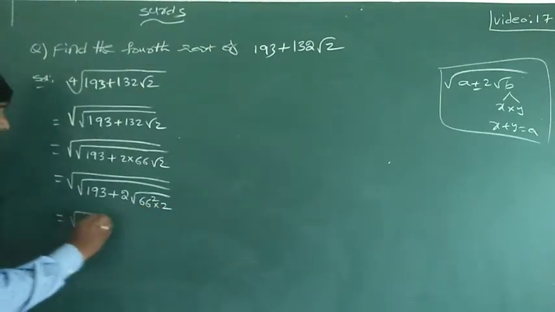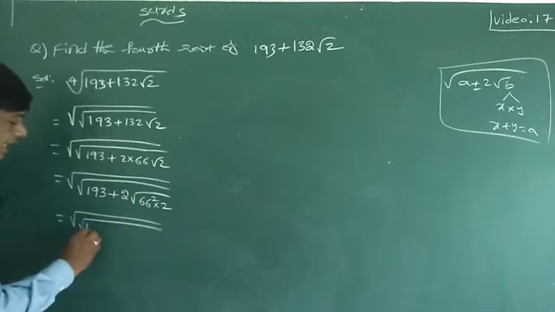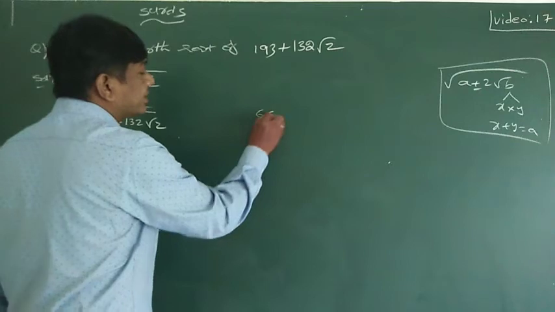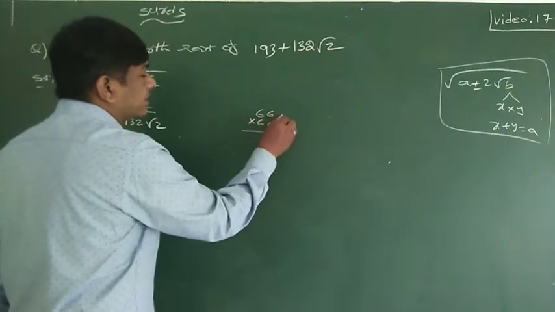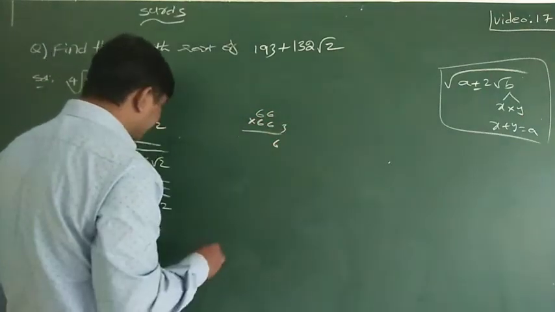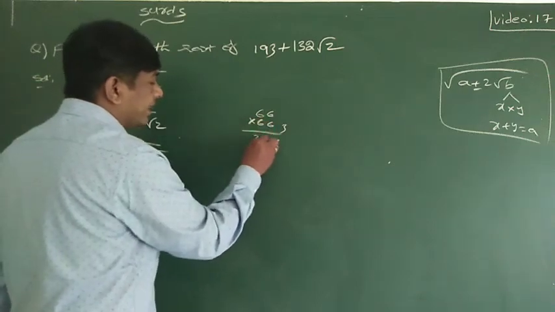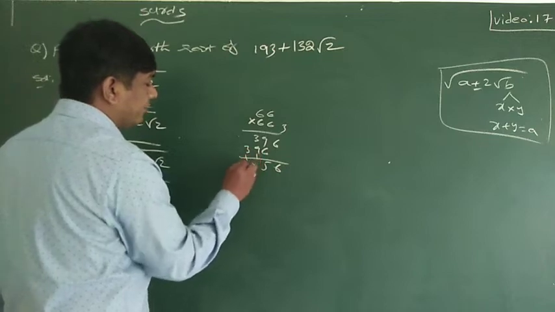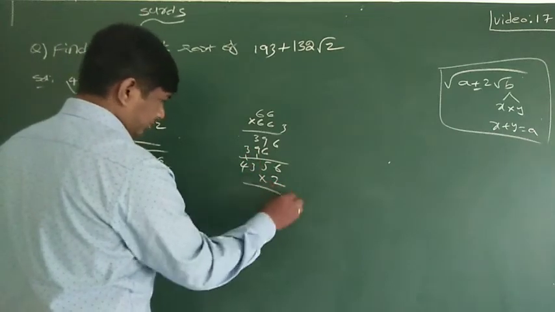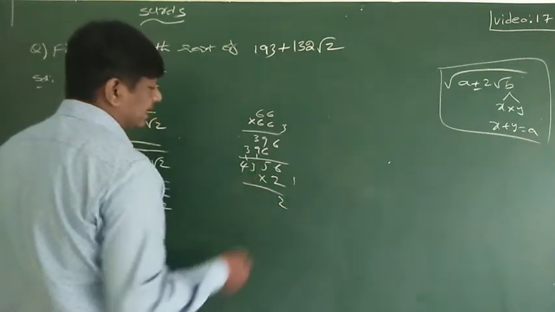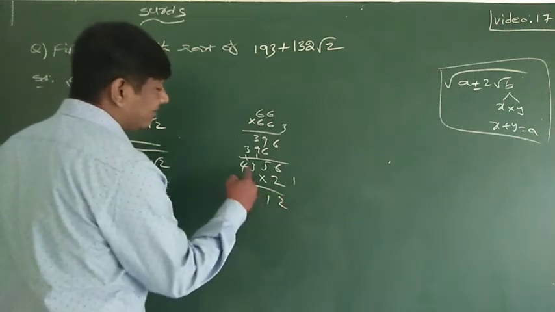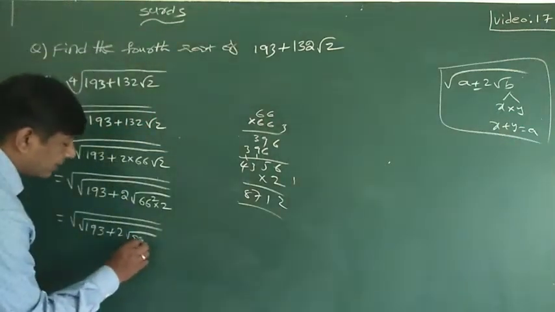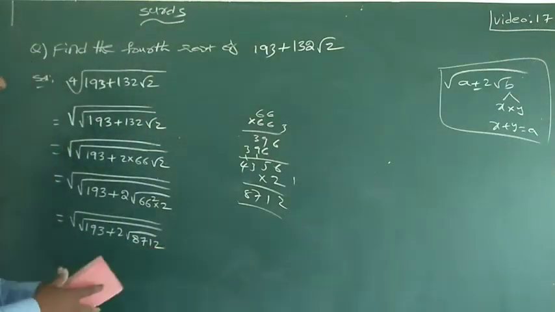Now this is equal to square root of 193 plus 2 into 66 times 66, which is 4356, into 2, which is 8712.